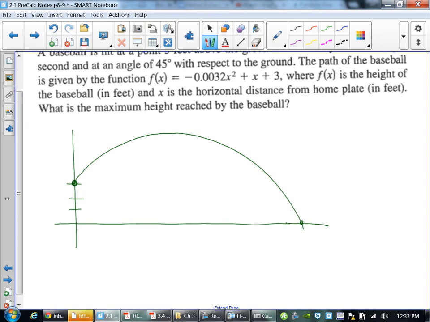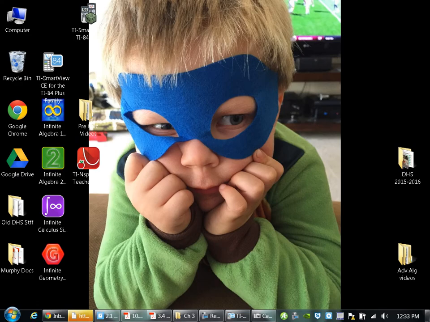think about what would you be able to do in your calculator to figure out the maximum height? Yeah, there's a max min calculator. Watch this. Let's get your calculator out and I'll show you how this works.